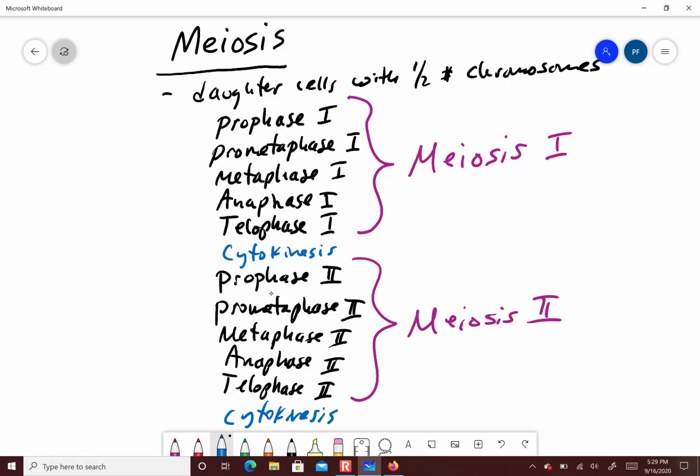All right, so, again, this list looks like this gigantic list. It's long, but it's the same stuff. It's just happening twice, right? And if you remember back to our mitosis lecture, what we talked about, here's what happens in prophase. That still happens in prophase 1, and it still happens in prophase 2.